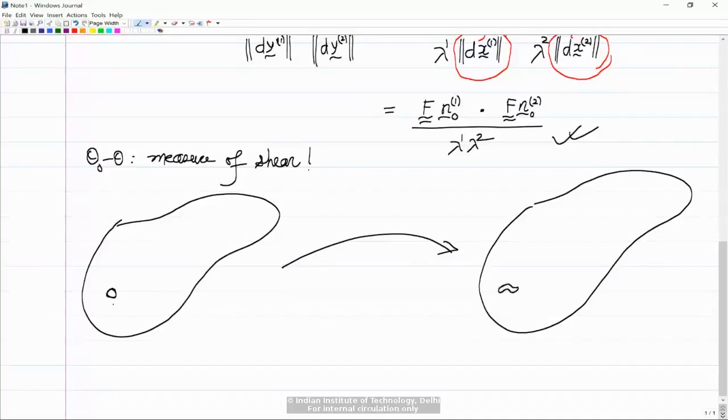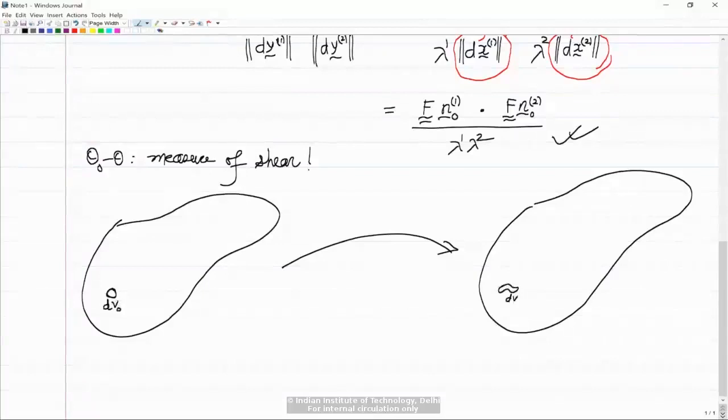Let us say the volume here is dV naught, because it's an infinitesimal volume, and here it is dV. So what's the ratio of these two? That's the question.